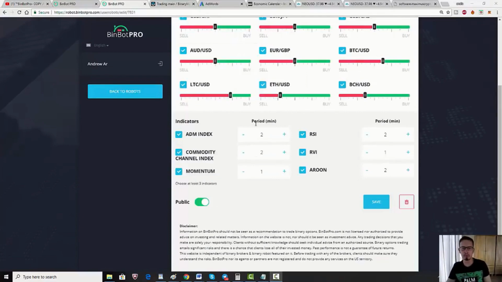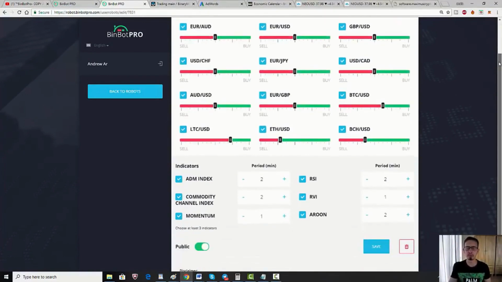Okay, guys, so before I turn the auto trader on and before we start seeing those trades being placed, there is something really important, guys, I must tell you regarding the indicators. After long testing, guys, as you know, if you've been using this BinBot PRO, then you know that you can switch on and off these indicators here on the bottom.